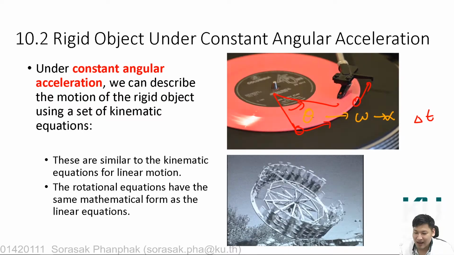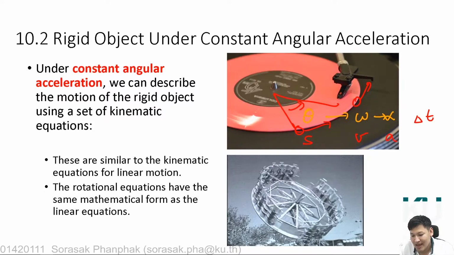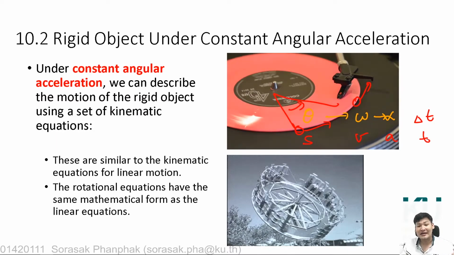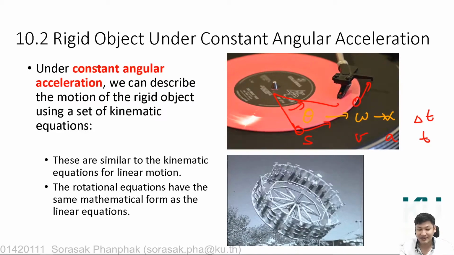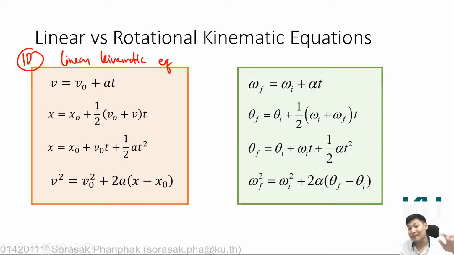So if you have seen these kinds of things, and you also know about SVAT, what do you think? The answer is yes. Those are the major kinematics equations. You know about the linear kinematics equations from one dimension, and you can also apply this in two and three dimensions, right?